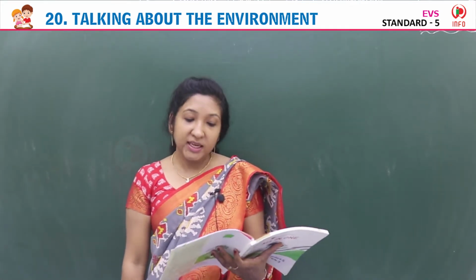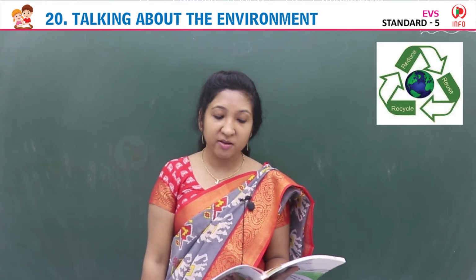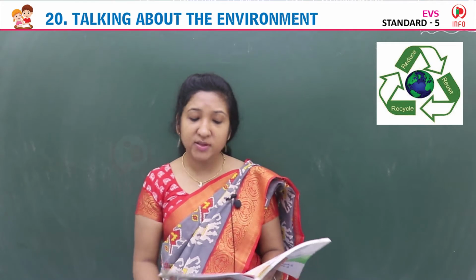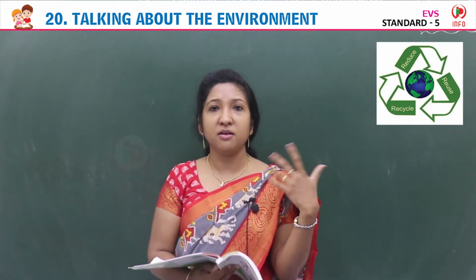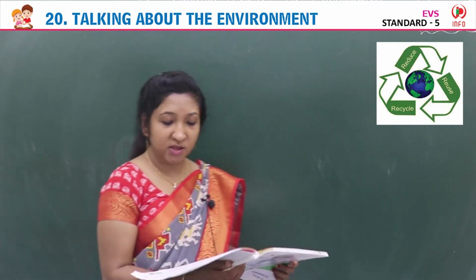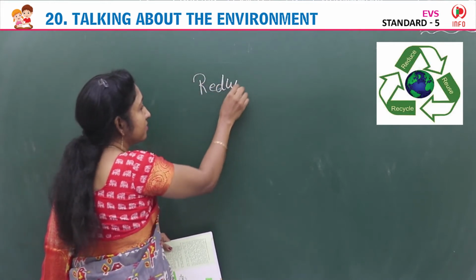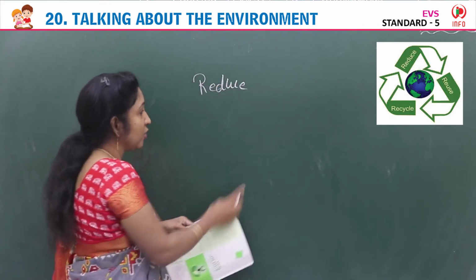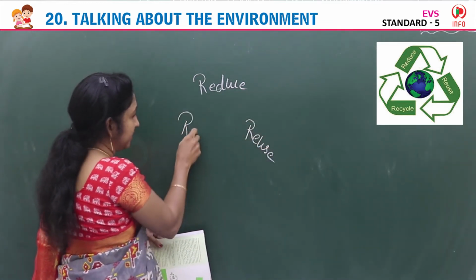Lesson 20, talking about the environment. Time to warm up. Look at the picture. What do you understand? Can you see the picture here? What does it indicate? In this picture you can see reduce, then you can see reuse, then you can see recycle.